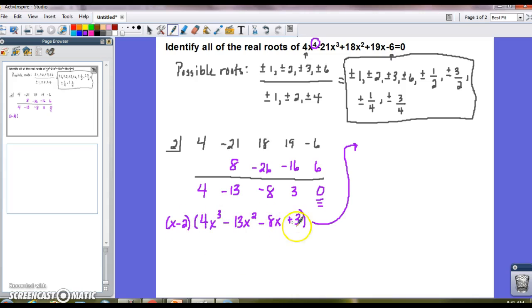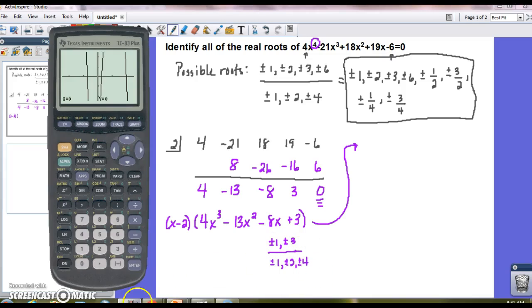Remember, your possible roots are the factors of your constant term divided by the factors of your leading coefficient. So I have plus or minus 1, plus or minus 3 over plus or minus 1, plus or minus 2, plus or minus 4. Those are all of my possible ones.